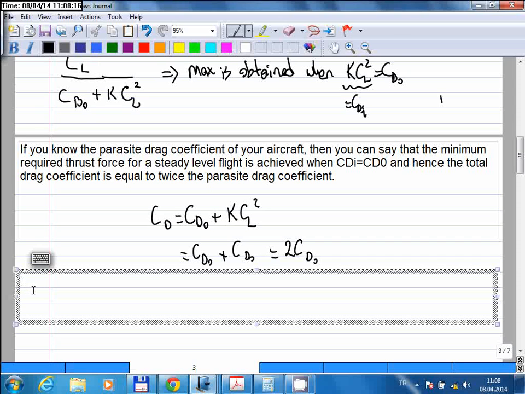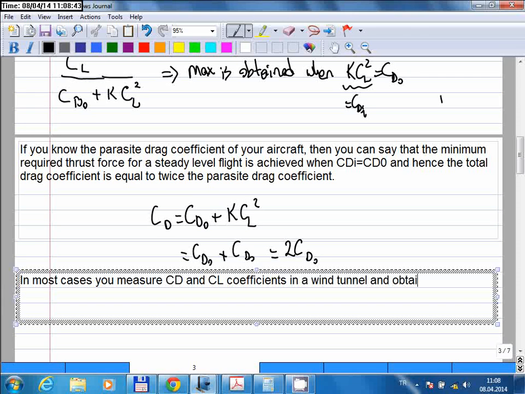Okay, so let me just say that in most cases you measure CD and CL coefficients in a wind tunnel and obtain the drag polar graph experimentally.